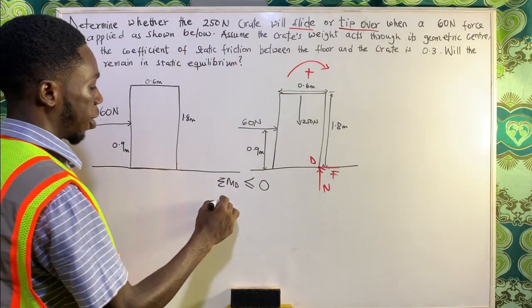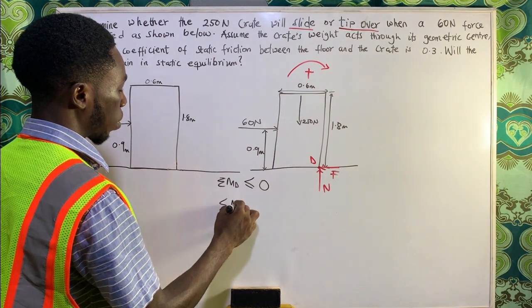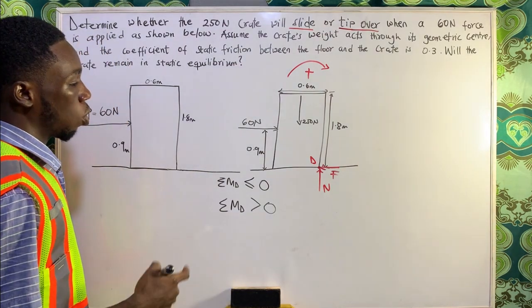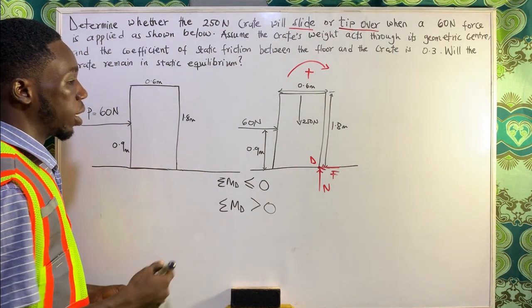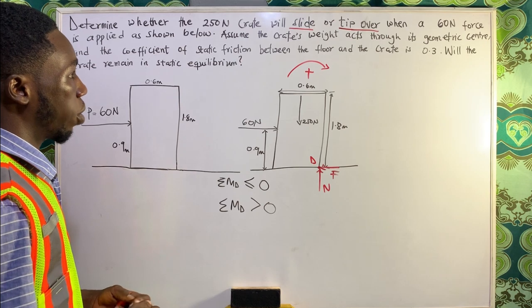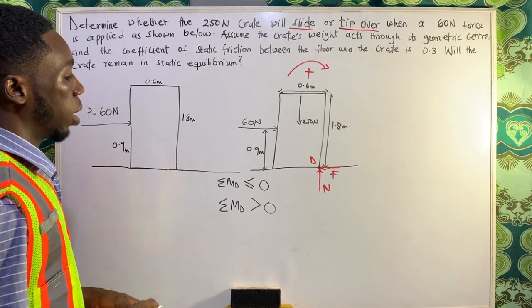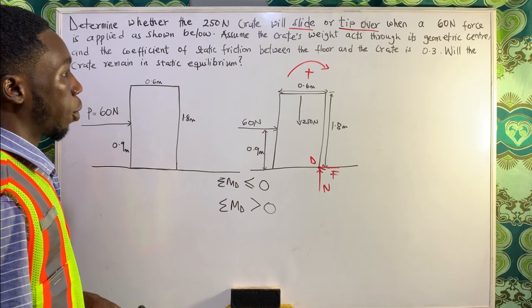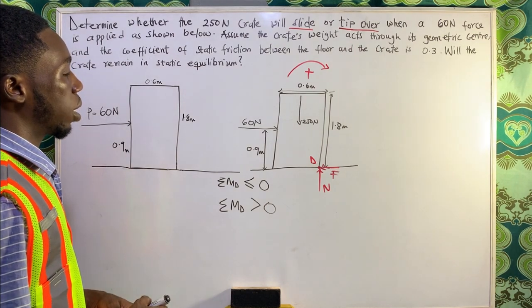But if it is greater than 0, then that means tipping will occur. So let's keep these two conditions. Now you are going to calculate the resultant moment, compare it to these conditions, and then determine whether the crate will tip or not.